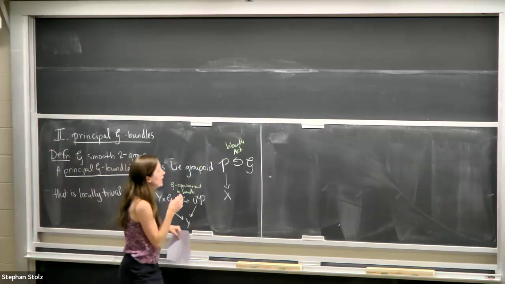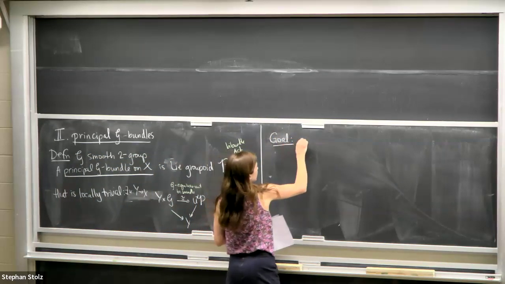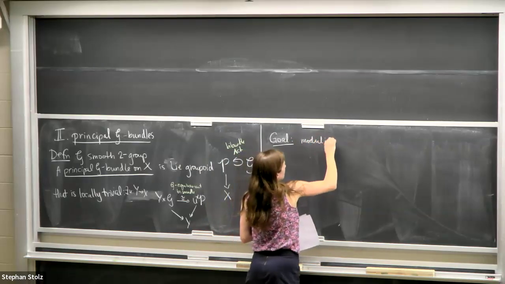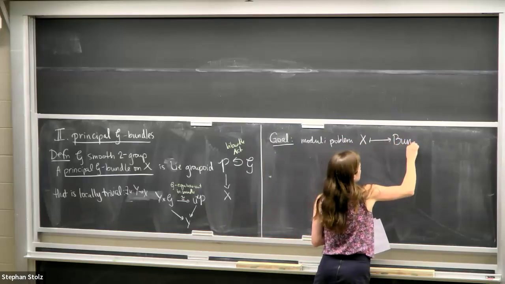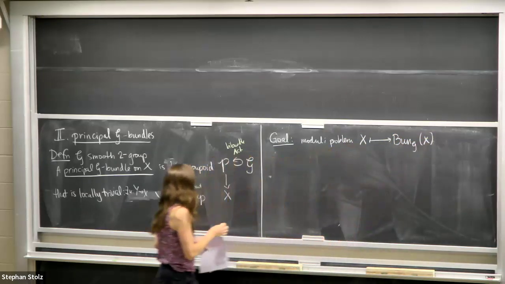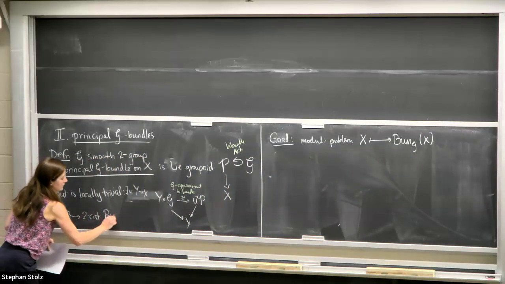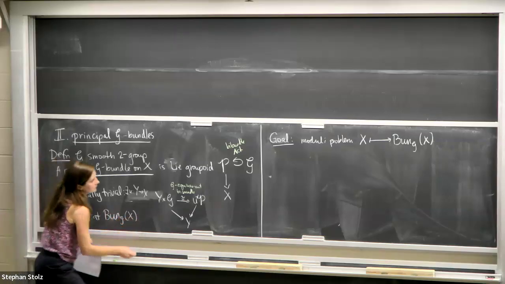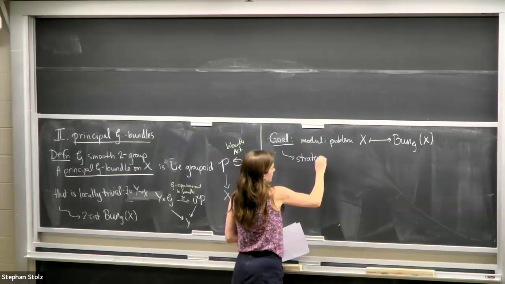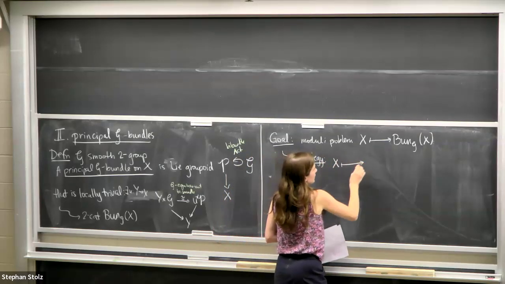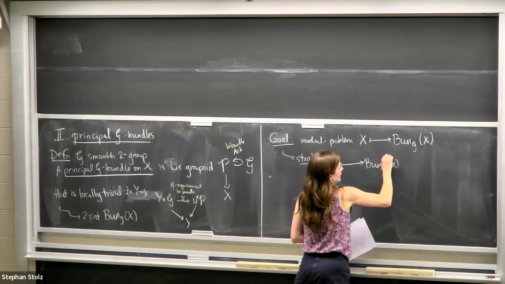The general goal of this project is to understand this moduli problem of how we get to these G-bundles over X. These are objects of this category of G-bundles over X. We want to understand this moduli problem, and our strategy is to look at the simpler problem of associating just the trivial G-bundles, and then stackify it.